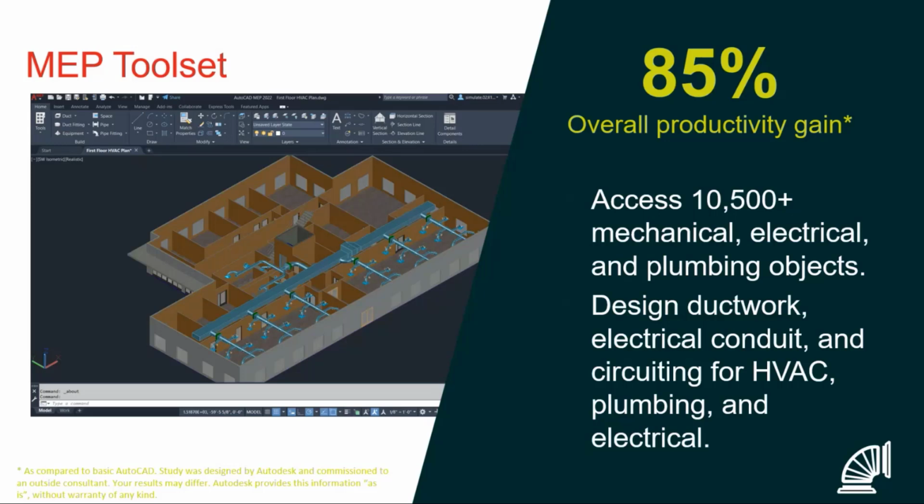Most importantly, the duct work, the duct design, electrical design, and HVAC plumbing and electrical component designs are specific to mechanical, electrical, and plumbing sectors. So here, by utilizing MEP, you'll be able to redefine them and access them for regular usage.